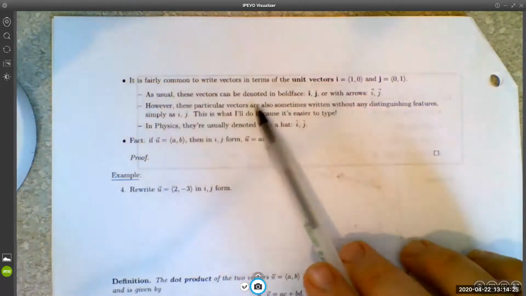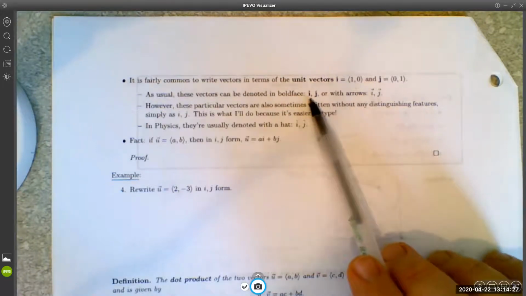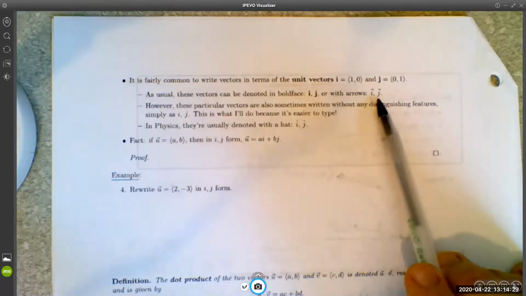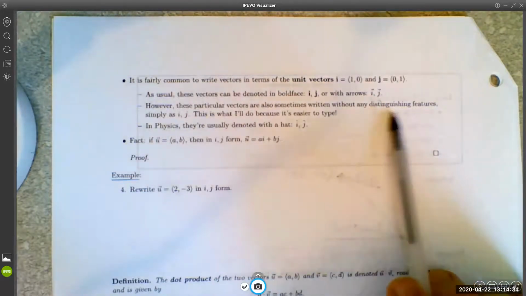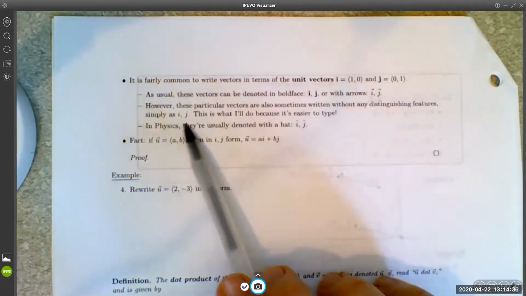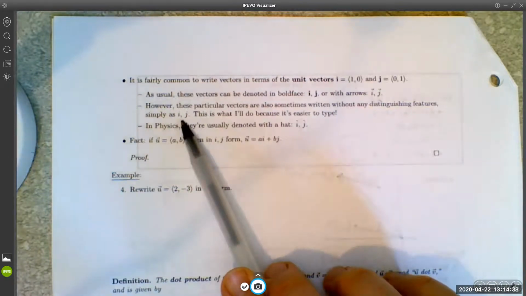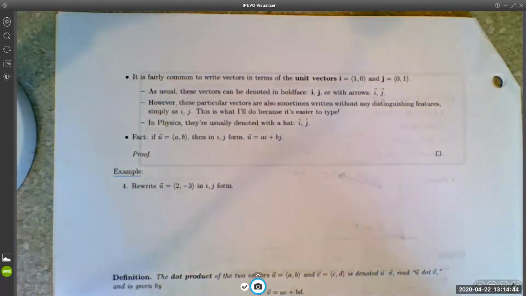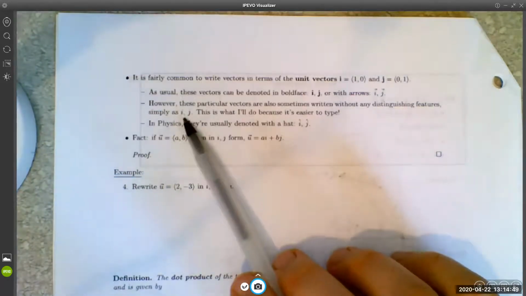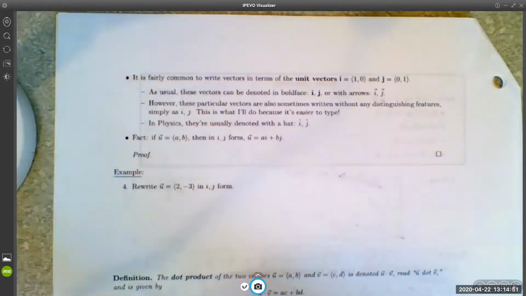As usual, these vectors can be expressed either in boldface or with arrows. However, sometimes they're written without any distinguishing features at all. So sometimes they're just written i, j, not bolded, no arrow over the top. In fact, that's what I'm going to do in these notes because it's easier to type. But that's very common.